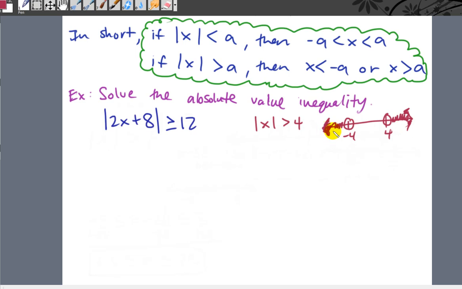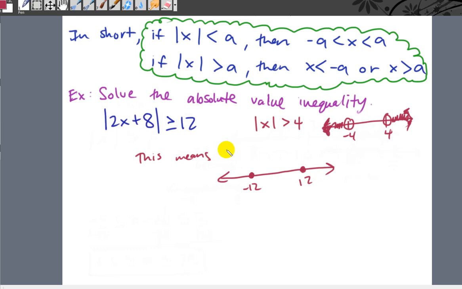Let's consider what we have here. If we graph this on a number line, we have negative 12 here and 12 here.